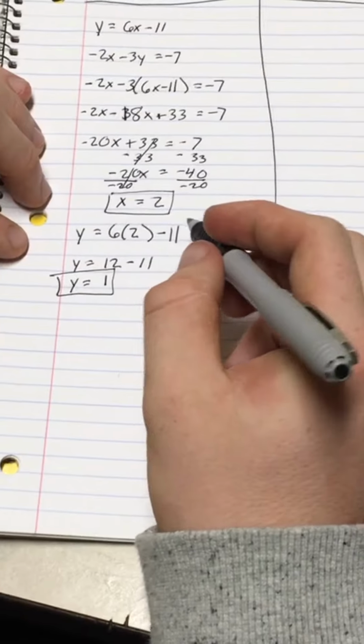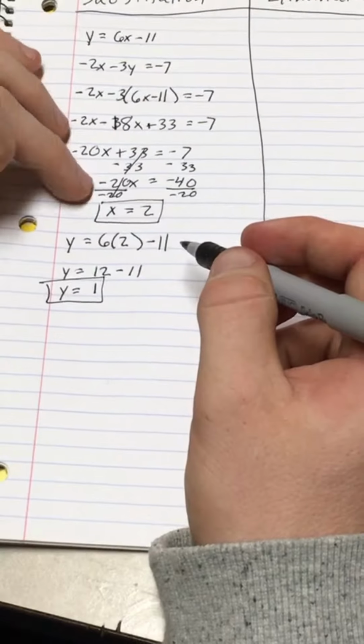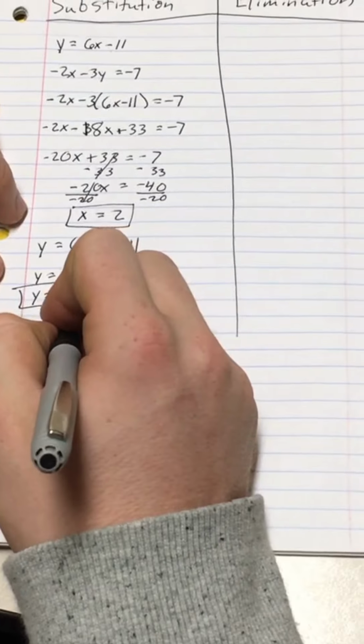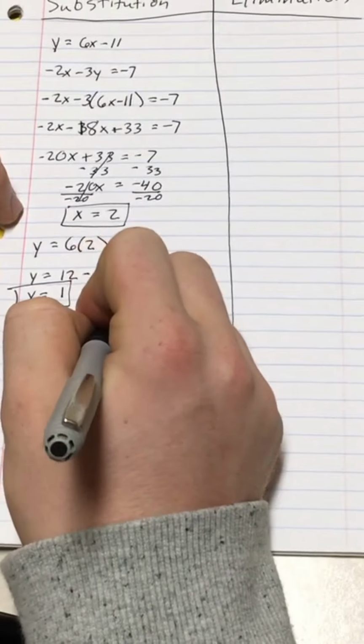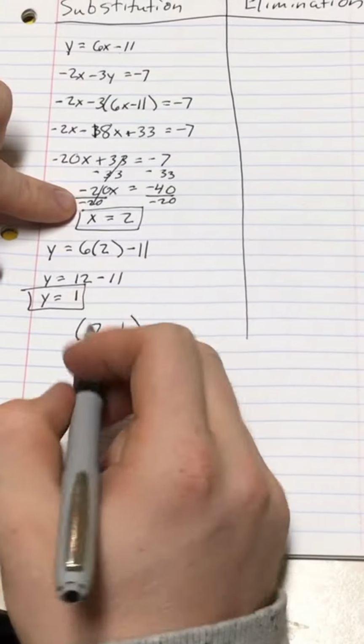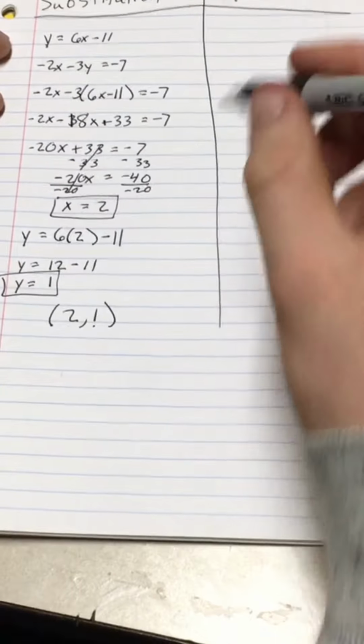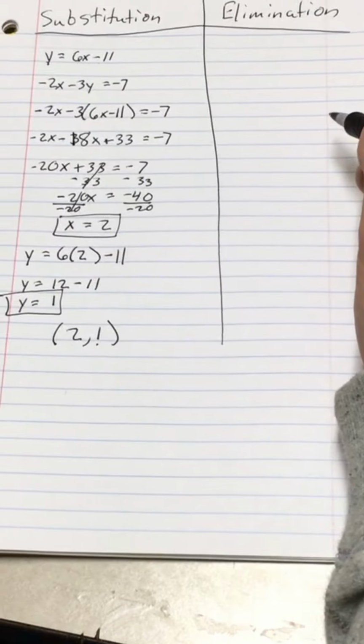So now we've solved for both the x and y variable, and in a system of equations, the way we write this answer is (2, 1), because the x is for the x place and the y is for the y place. So that's the first method, substitution.